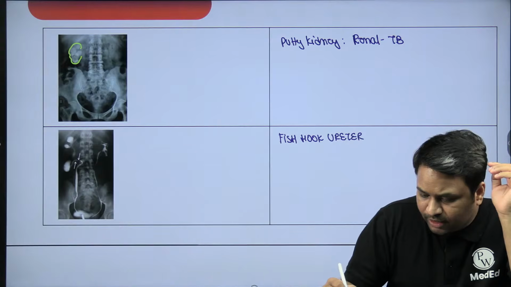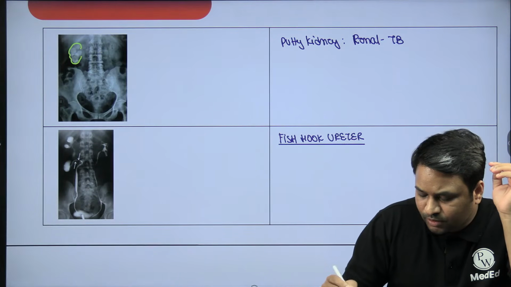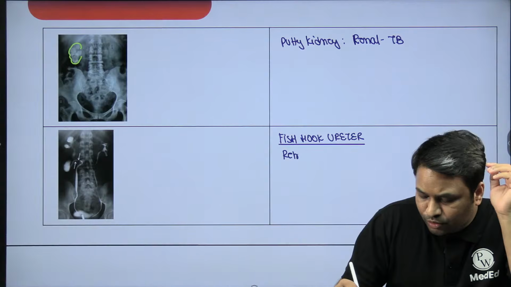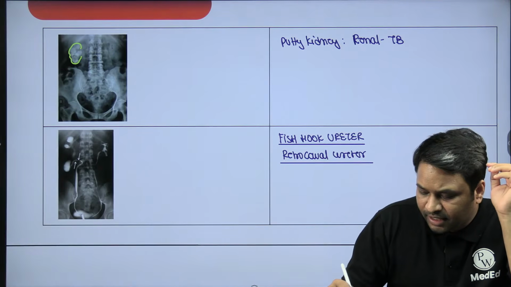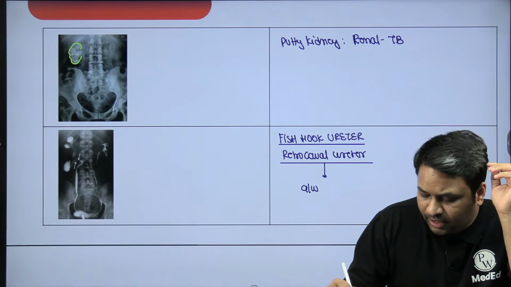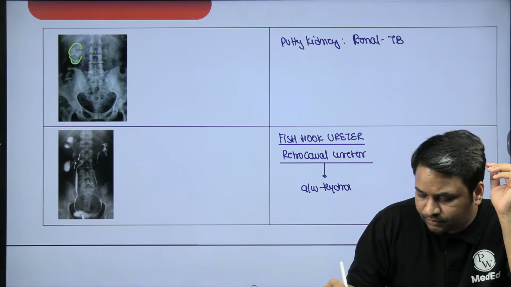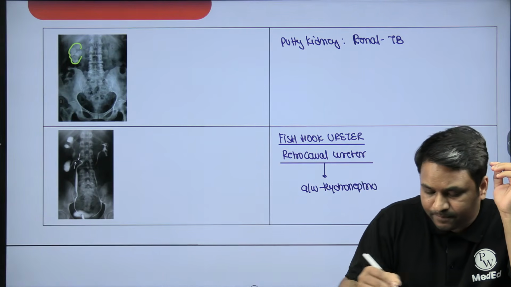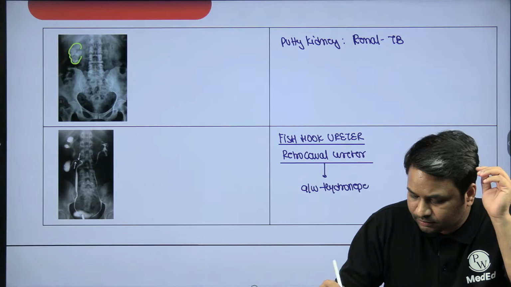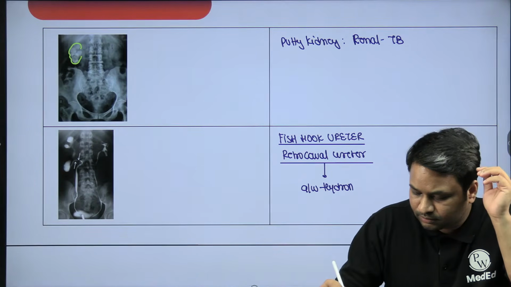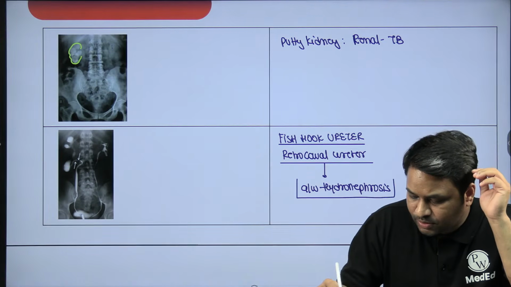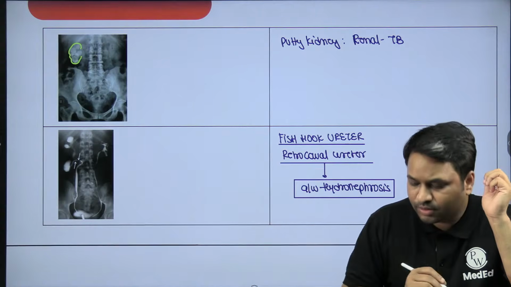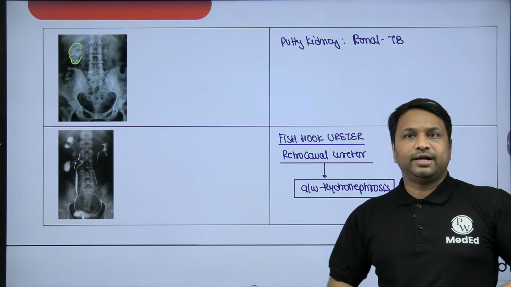And this fish hook ureter is what we see in retrocaval ureter, where the ureter is coming behind the IVC, and this is going to be associated with hydronephrosis.